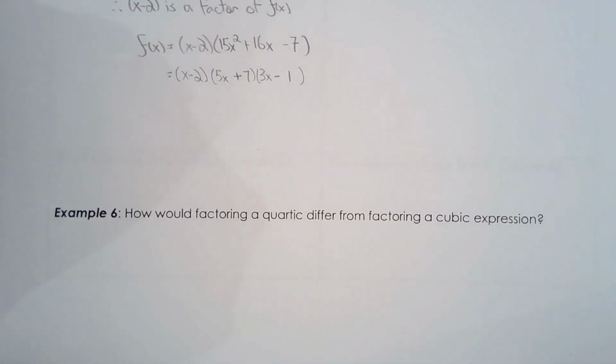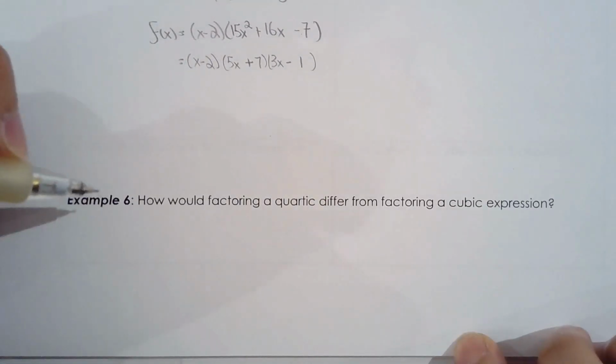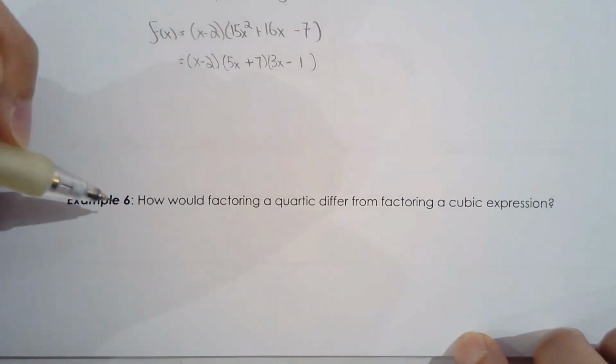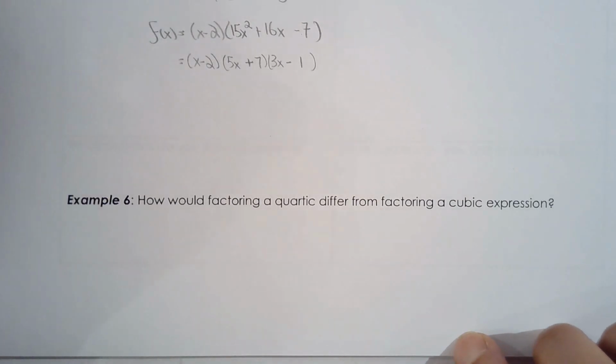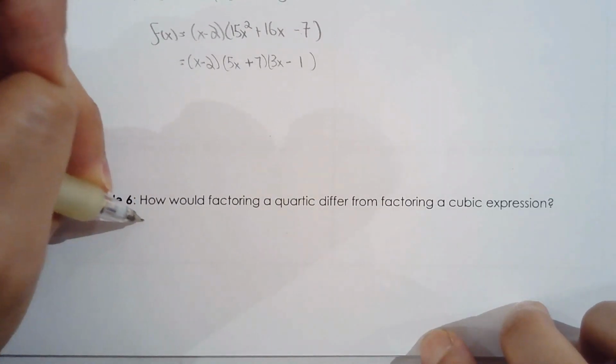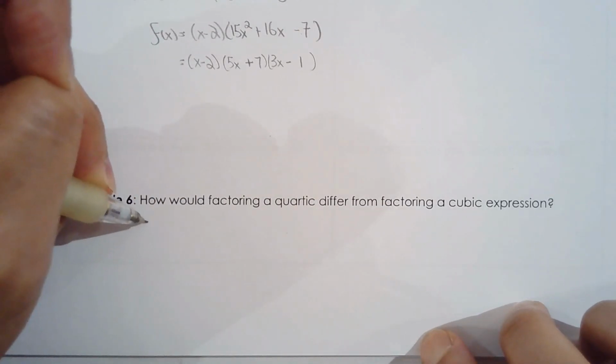Okay, so we're at the end here. Let's just quickly look at the differences between factoring a quartic and a cubic. We didn't factor any quartics in this worksheet, but it's really no different than factoring a cubic.